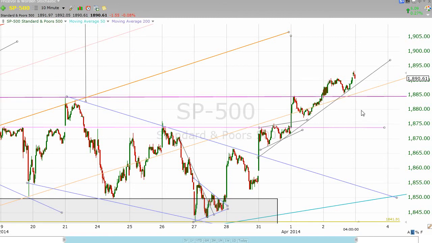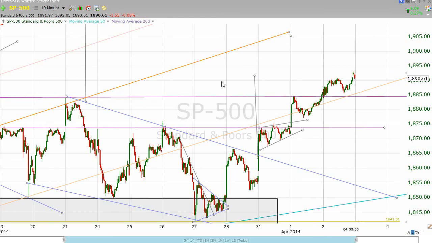This new trend really was not established until we got over this line right here. So this could be what I've got up here right now, but I'm not going to go with anything at this point in time, just because I don't have a real solid feel for it.